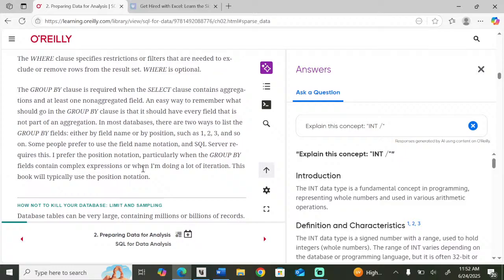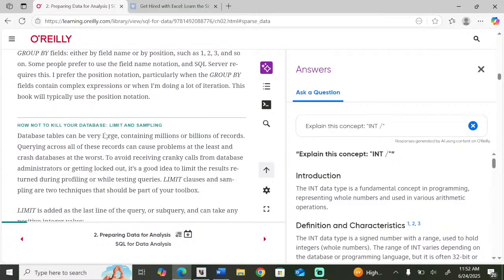If you say 2, it will pick the second column. So what is a group by? A group by is used to group certain information based on a certain column. From the words group by, SQL is just English. Everything in SQL is English. It groups certain information based on a certain column.